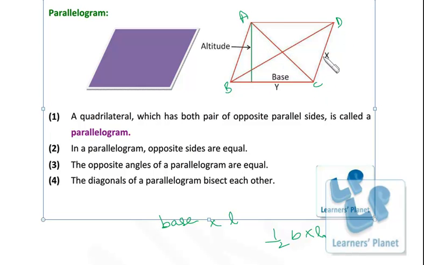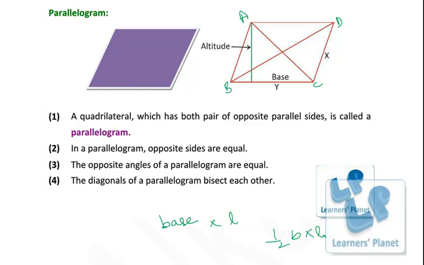Also, the area of triangle ABC will be equal to the area of triangle ADC. So AC is a diagonal, and it divides the parallelogram into two equal triangles, okay? This diagonal as well as this diagonal, diagonal AC and diagonal BD, both of them.